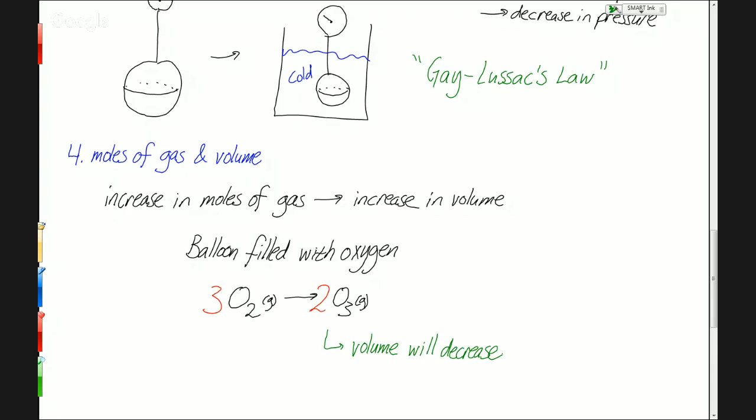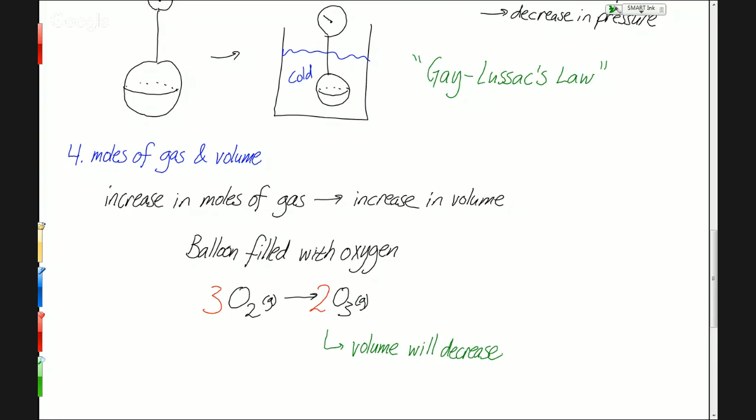We haven't taken any of the oxygen out. We haven't increased or decreased the pressure. We haven't changed the temperature. We've only changed the number of moles, and the volume decreases.